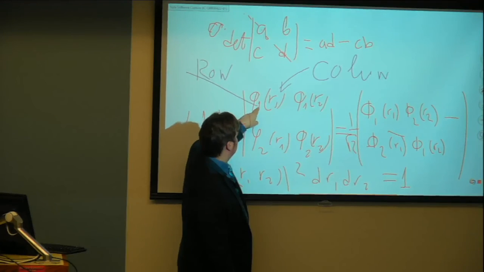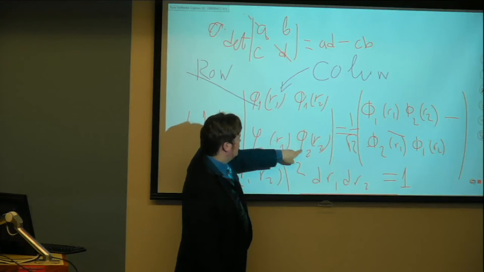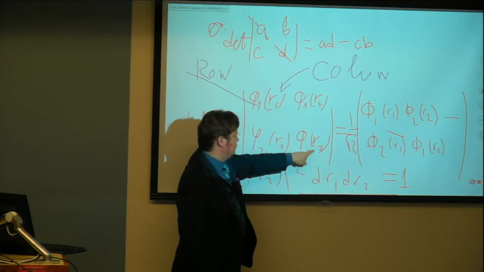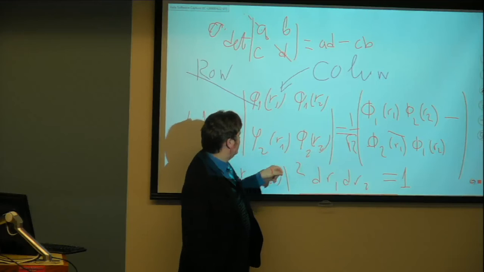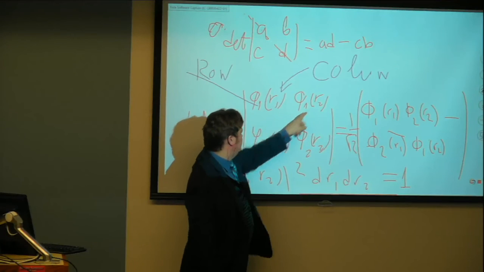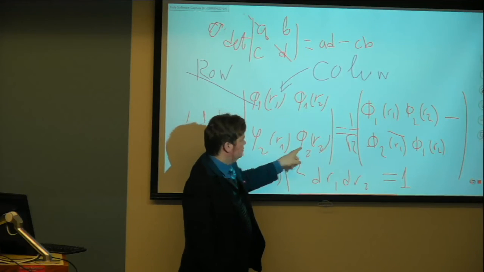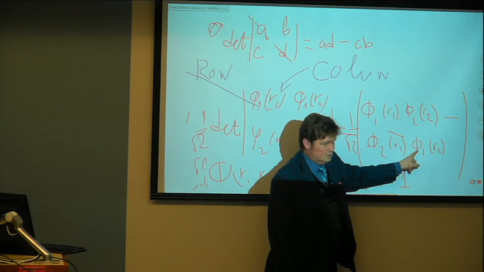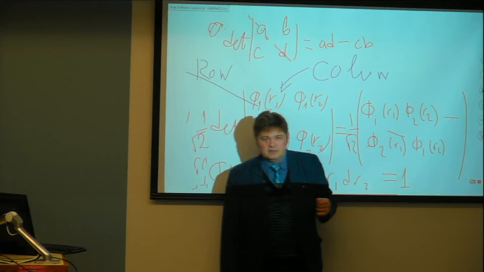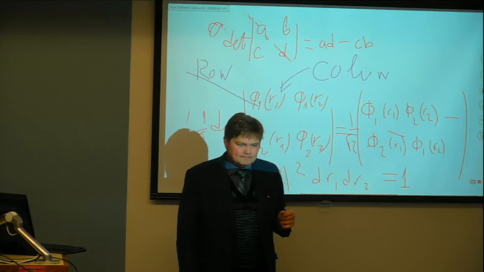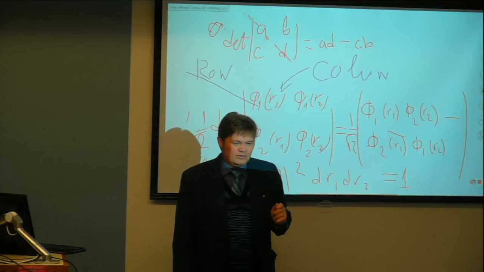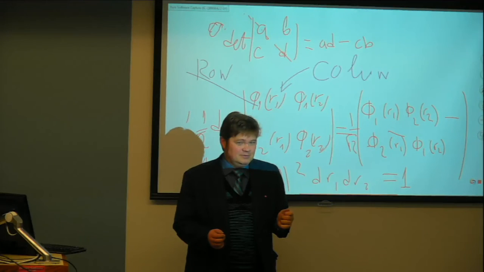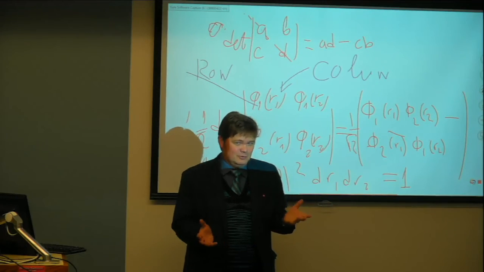Diagonal: phi 1 r1 times phi 2 r2, minus phi 1 r2 times phi 2 r1. Good. So it is exactly the same as the antisymmetric wave function that everyone in class coded.